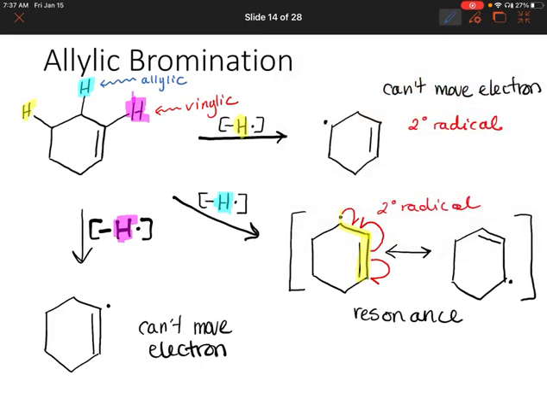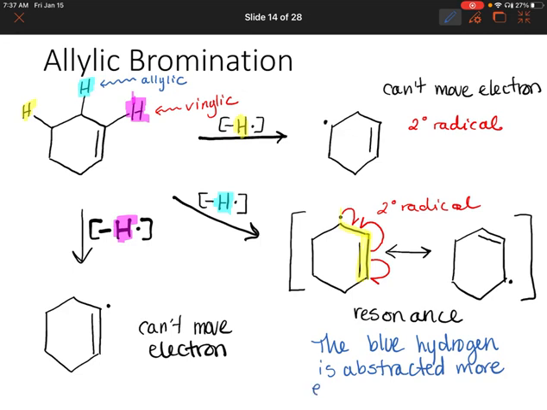All right, so let's write: the blue hydrogen, which is also the allylic proton, is abstracted more easily, or most easily, due to resonance. And remember, if something has resonance, it is more stable.